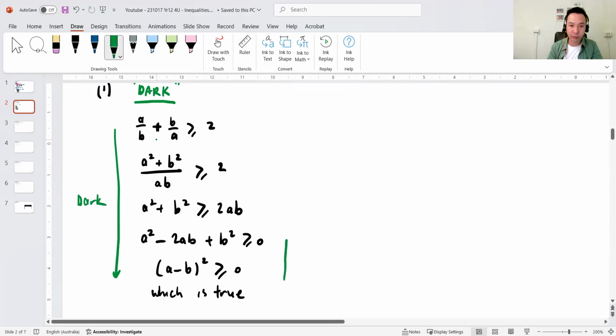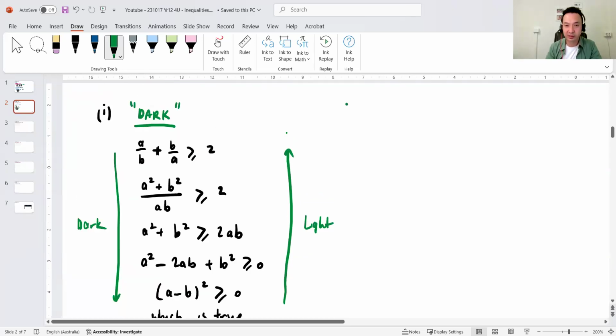And if I reverse engineer this, that's light. The light side of doing this question is actually really easy. The light side is good because you start with something that's true. You literally reverse engineer this.